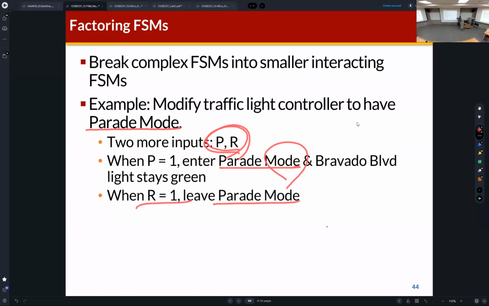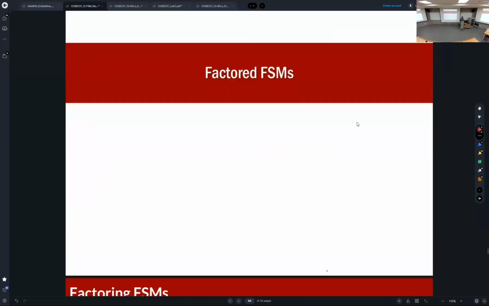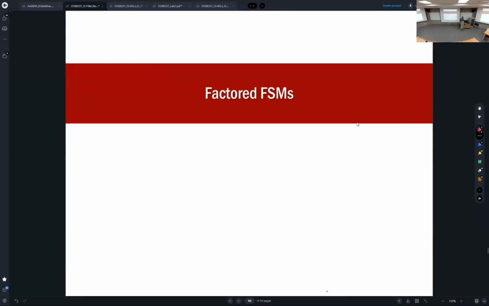But if we apply this approach, then the problem becomes simpler. Again, the vectoring idea, the vectored FSM.